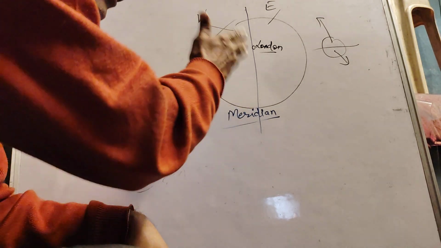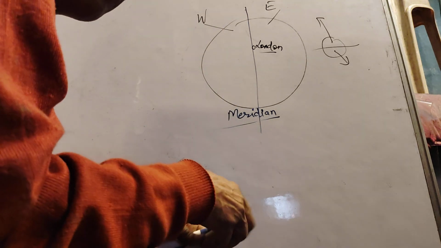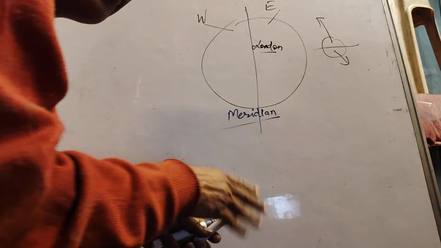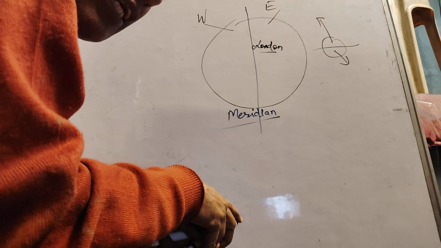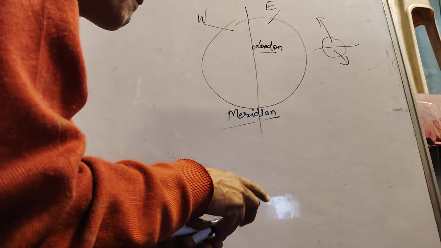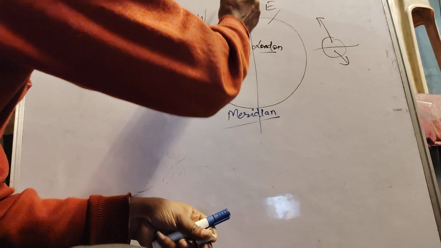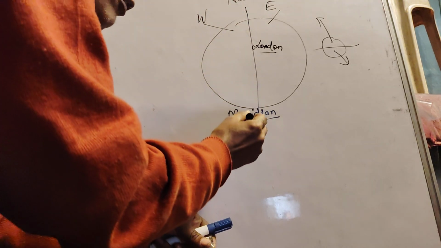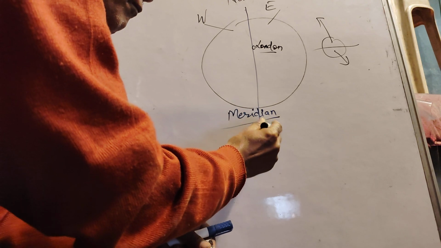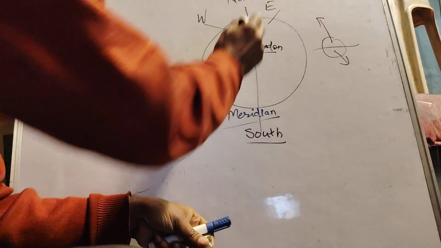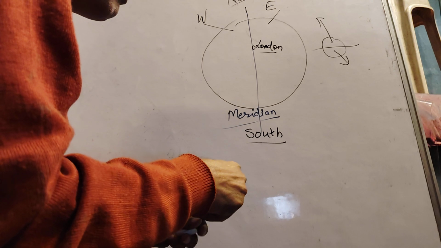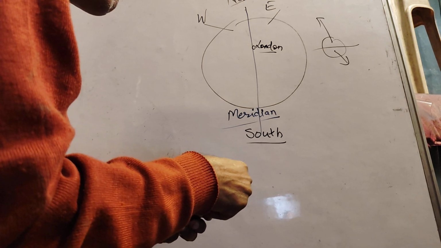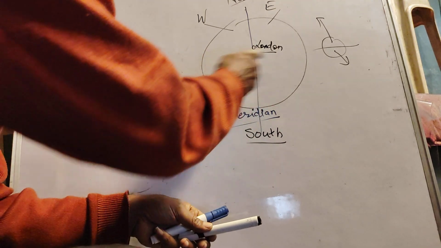On Earth there is an opposite face also, because we are cutting the Earth into two halves vertically. On top is the North Pole, and on the south there is the South Pole. So two hemispheres, eastern and western.